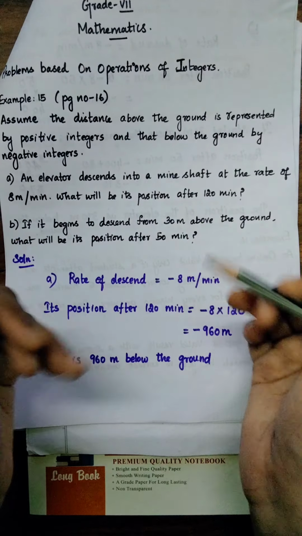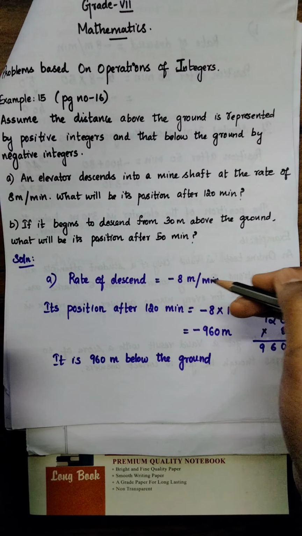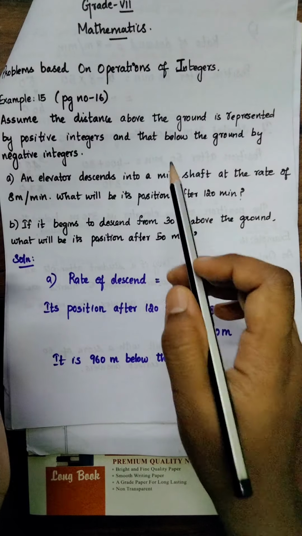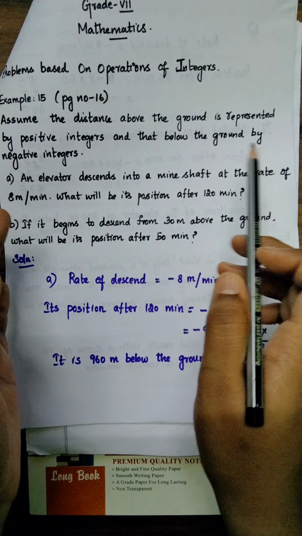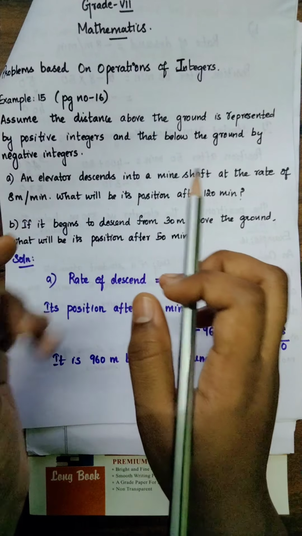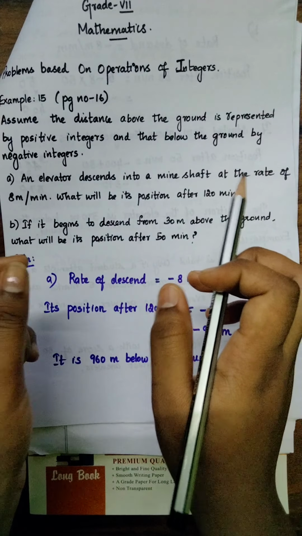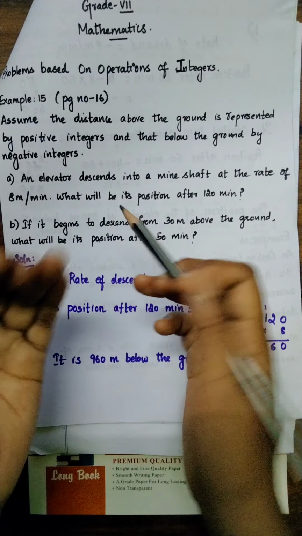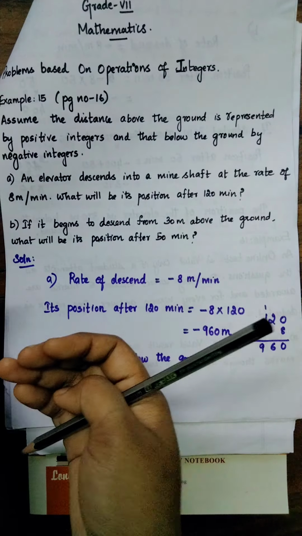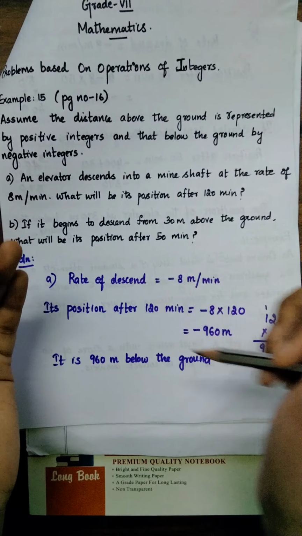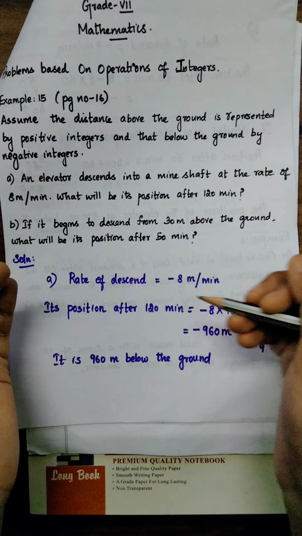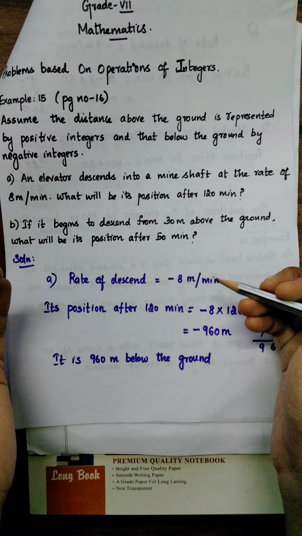It is going down, so we will write it as minus 8 meter per minute. In the question they have already given that below the ground is represented by negative numbers. So rate of descent is equal to minus 8 meter per minute.